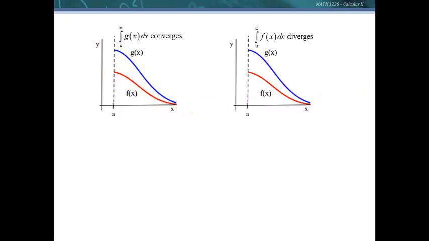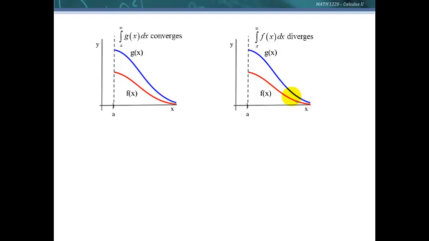Because these values of f of x are always less than or equal to these values, if I know that this integral of this upper function converges from a to infinity, so does the lower one. If we know that f of x is always less than or equal to g of x, and we know that f of x diverges, then we would also know on the same interval that this upper function, meaning that its values are always greater than or equal to this one, would also have to diverge.